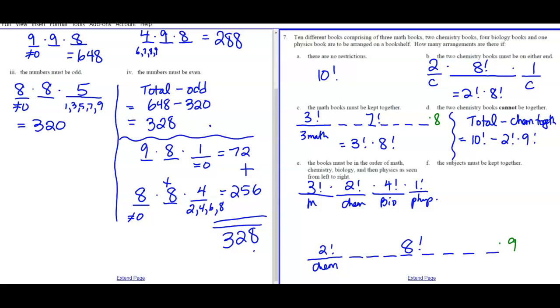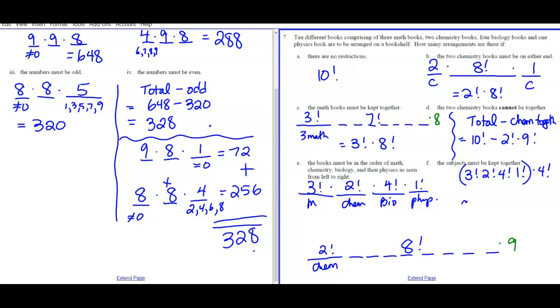So basically, this is going to be 3 factorial, 2 factorial, 4 factorial. I'll show the 1 factorial, but that's just 1. Okay, and then taking those, so that's for each subject, and arranging the subjects, which is 4 factorial.